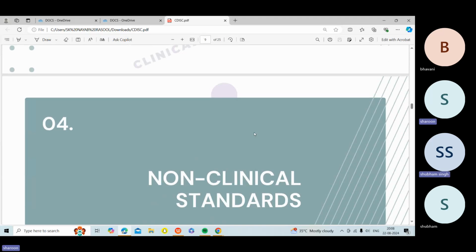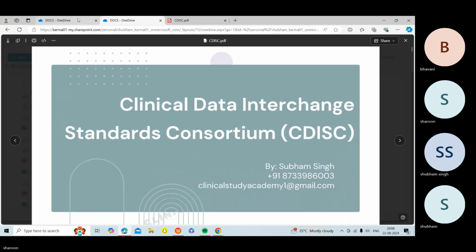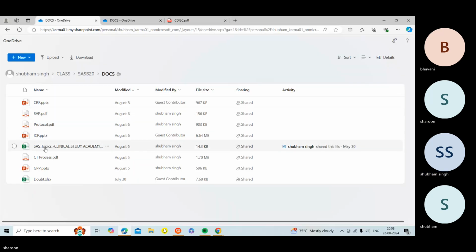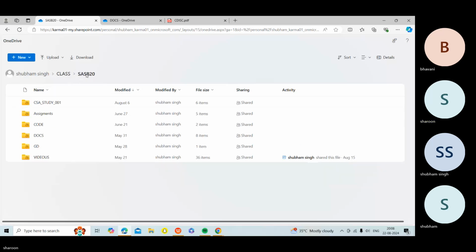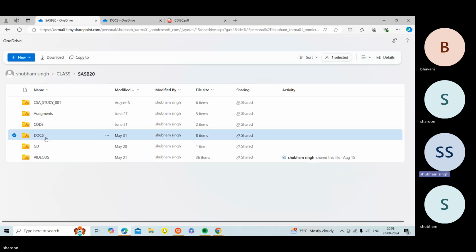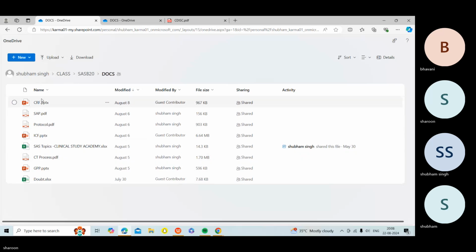So in the docs folder, open the SDTM PPT. There is no SDTM, sir.